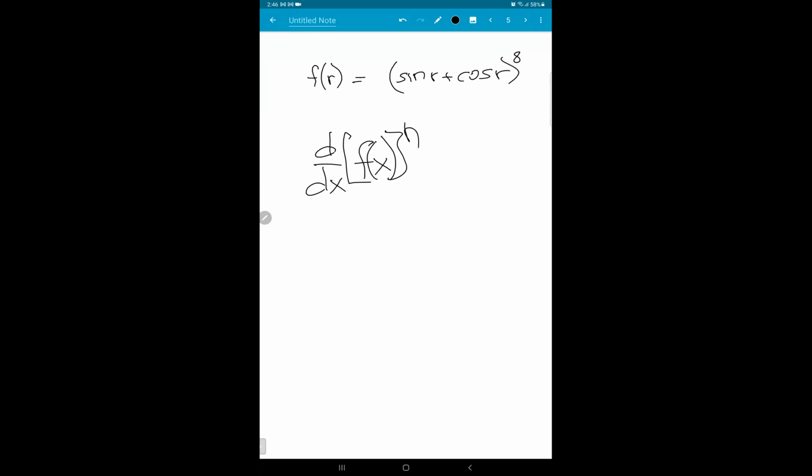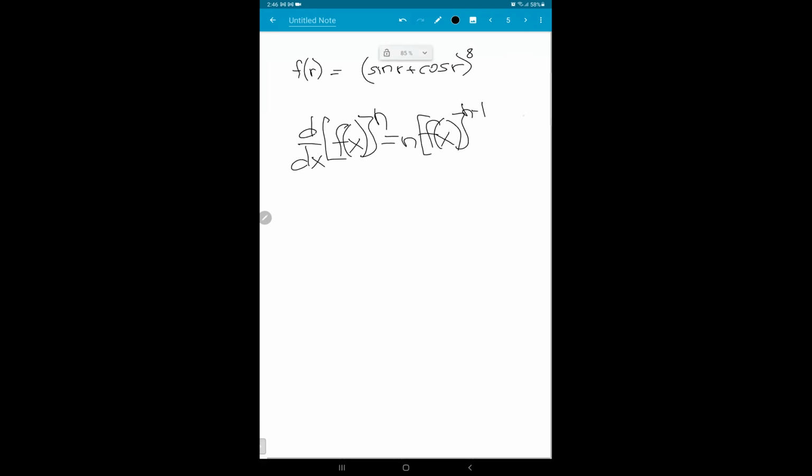We bring down the power, subtract 1, and differentiate the base, the function f. Okay, so we bring down 8, subtract 1, and you already get partial points for showing this part of the answer there. But you don't stop here, you have to differentiate the base.